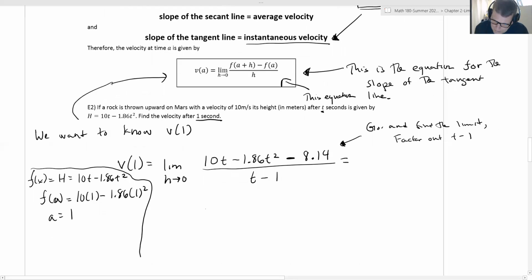So if I have t minus 1, I'm going to do a little bit of long division here. Negative 1.86t squared, minus, plus 10t minus 8.14.